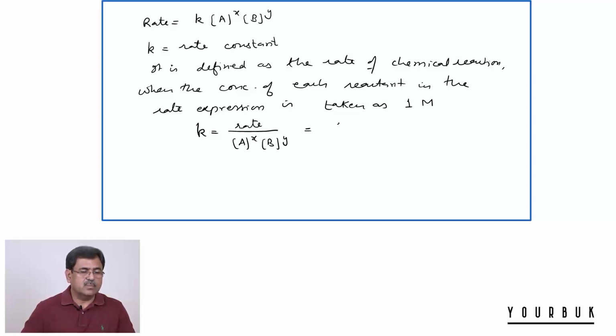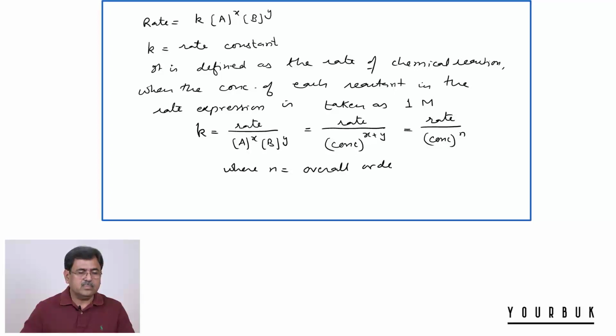Now in this case the total number of concentration terms equals x plus y, so we can also write concentration raised to power x plus y, and this is equal to rate upon concentration raised to power n, where n stands for the overall order of chemical reaction. Now we can derive the units for K, and the units of K depend on the order of chemical reaction.